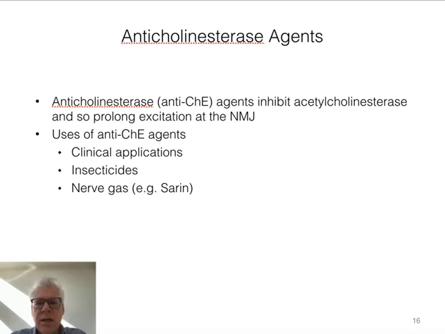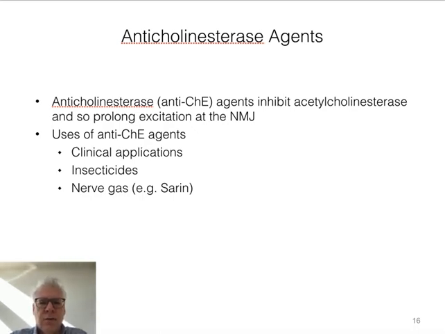For completeness, some insecticides also contain these anti-cholinesterase agents, because a lot of the bugs also depend on acetylcholine for proper functioning. If you apply a relatively large concentration of the anti-cholinesterase, this will result in an abnormal increase of acetylcholine, and that interferes with muscle relaxation.